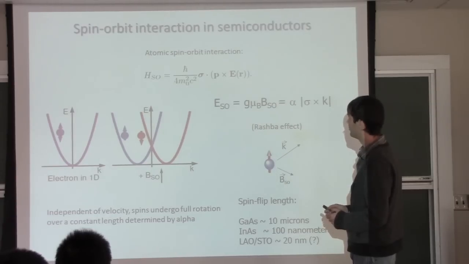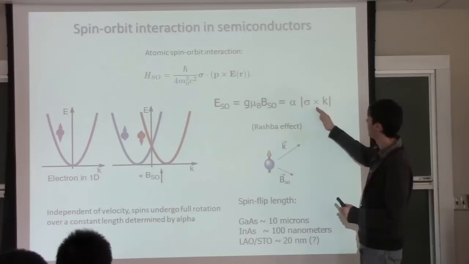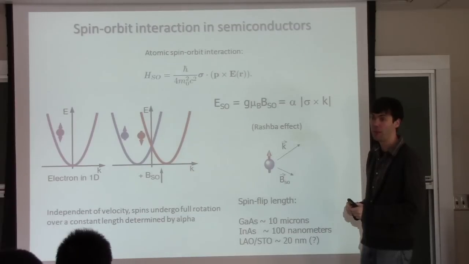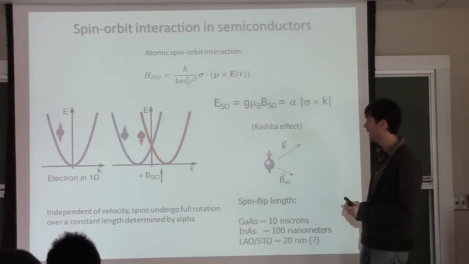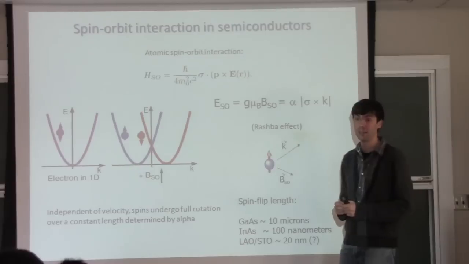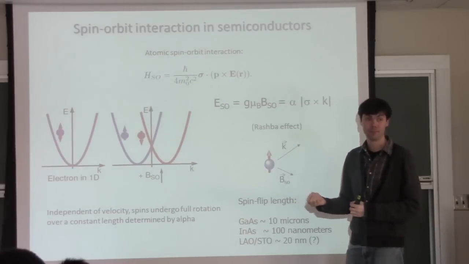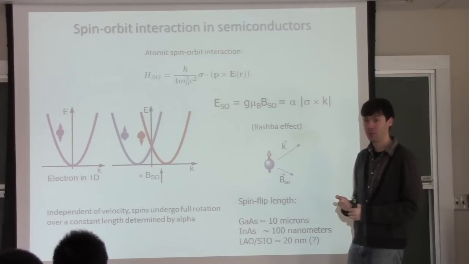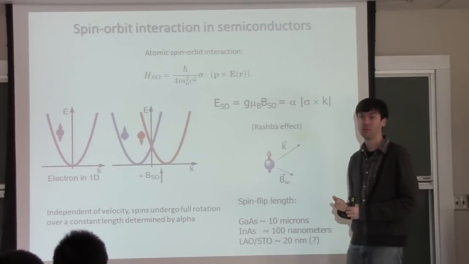Okay. For this particular form of spin-orbit interaction, where energy is linearly dependent on momentum, it is very useful to define a spin-orbit length. It's a length over which spin undergoes a full rotation due to the spin-orbit field.